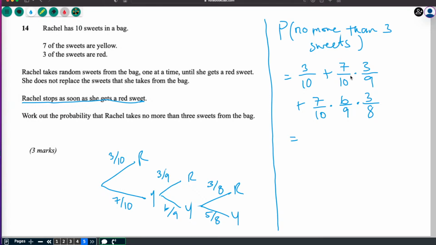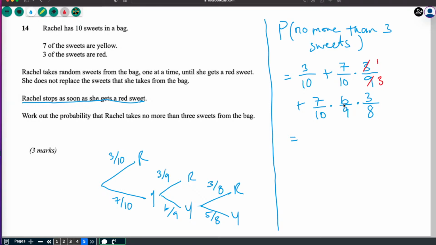So instead of multiplying these fractions as they are, I would suggest a shortcut here is to do some cancelling before you do the multiplications. So when you're multiplying fractions, you can do this cancelling, not when you're adding, but when multiplying. For example, I can cancel this 3 and 9, and that becomes 1 over 3. Then that multiplication becomes a lot simpler.